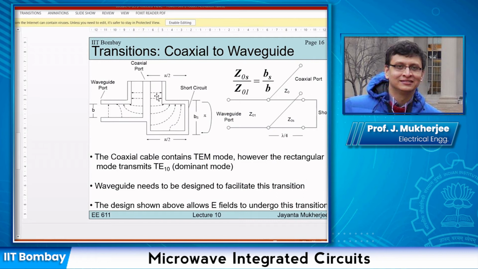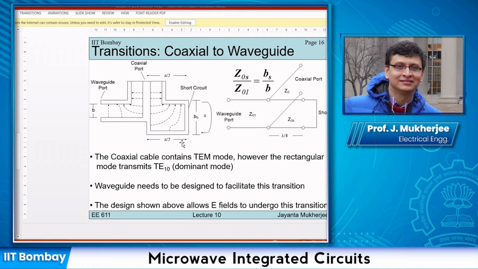So it was a TEM wave in this coaxial cable, and now it has become a TE wave. The magnetic fields, which were concentric here, continue to maintain their sense here. And as we know, for a TE mode, the electric field is perpendicular to the direction of propagation, which is this way. So this is the direction of propagation. But the magnetic fields are planar, and that is what we see here.